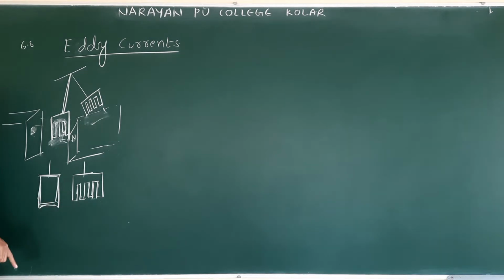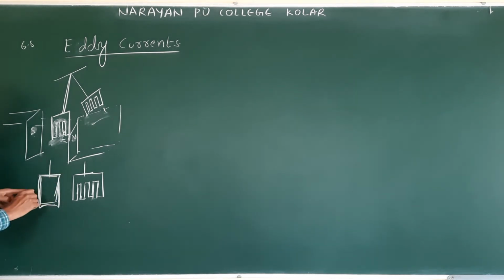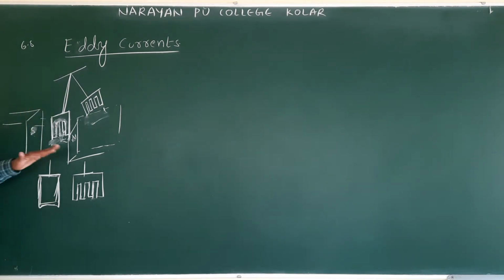In these two observations, something is happening in the sheet when the sheet is continuous. That something is eddy currents. If you keep the sheet in a magnetic field without varying it, eddy currents will not be produced. We need to vary the magnetic field. Understand? So these currents we call eddy currents.